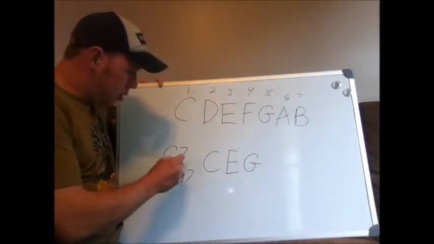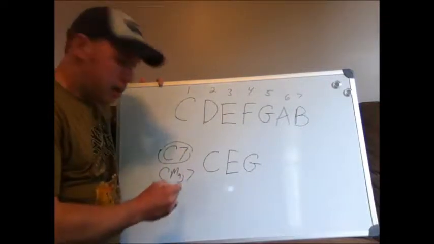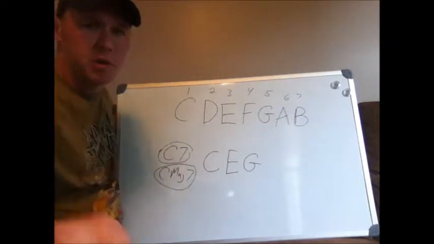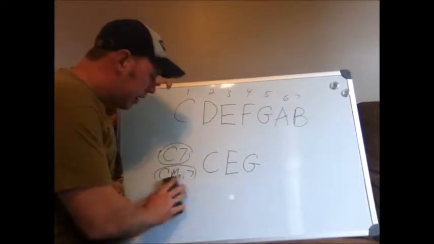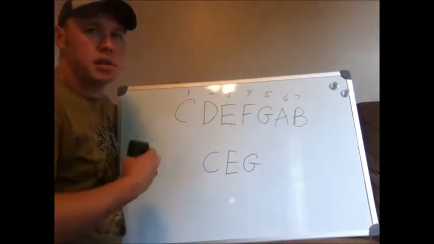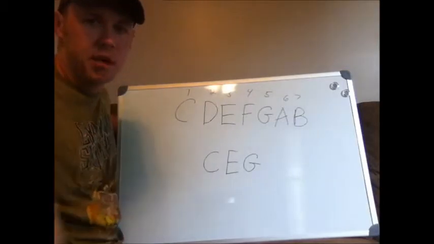There's a difference between this chord and this chord. A plain C7 is what they call a dominant 7, and the C major 7 is a major 7th. So let's explain the difference between the two 7 chords. You see the dominant, the C7, more often than you do a major 7. Major 7 is more jazzy sounding.